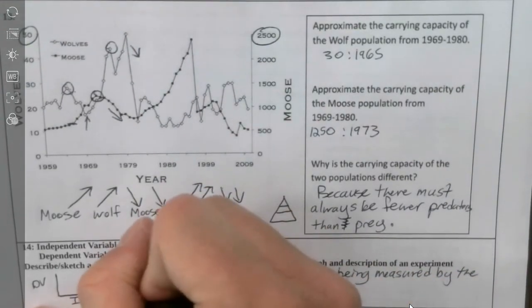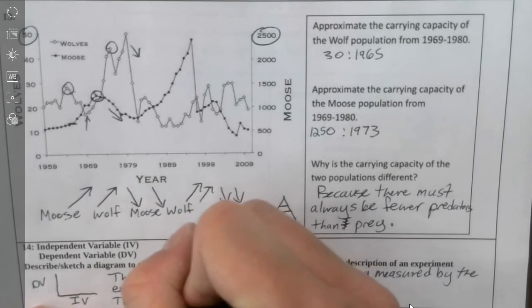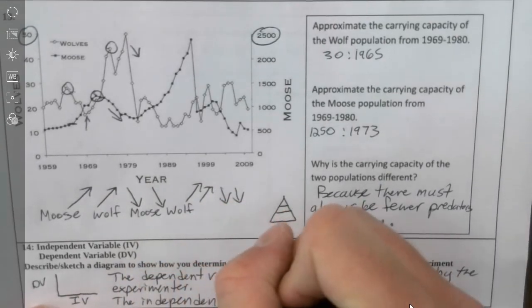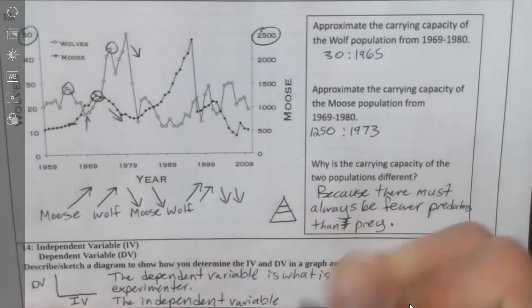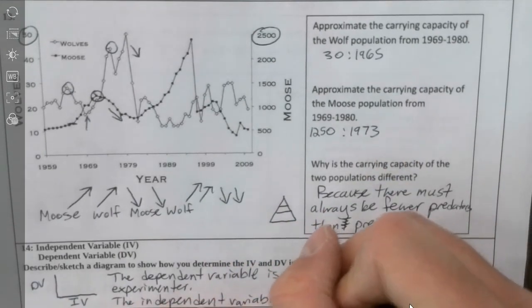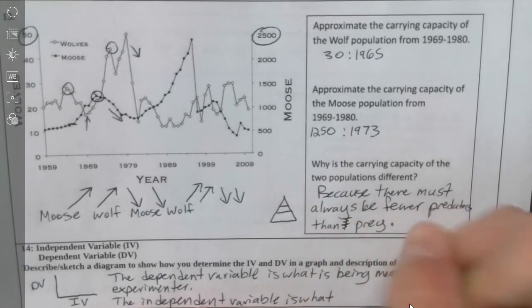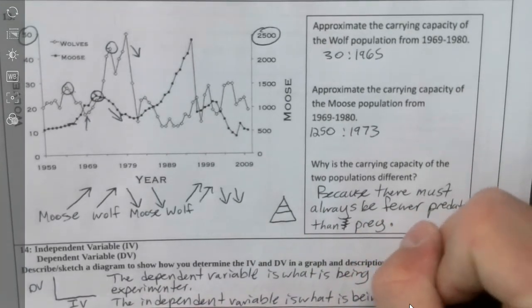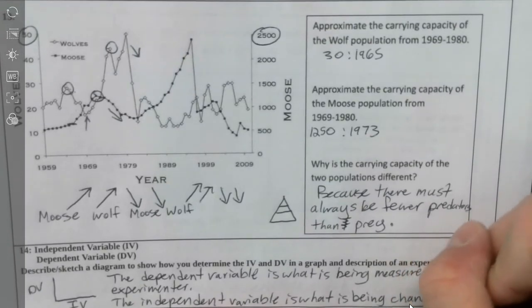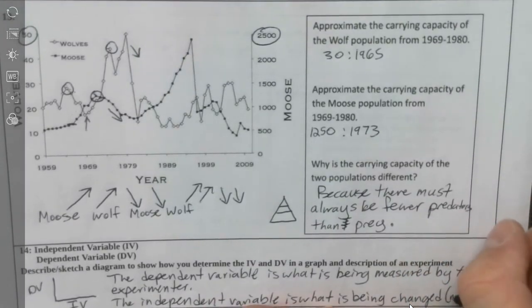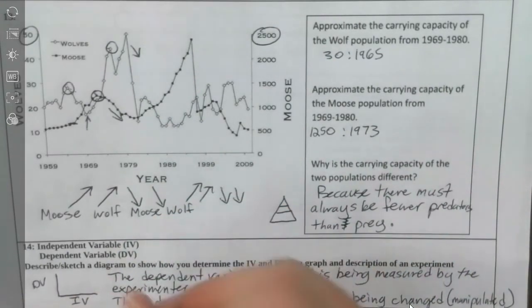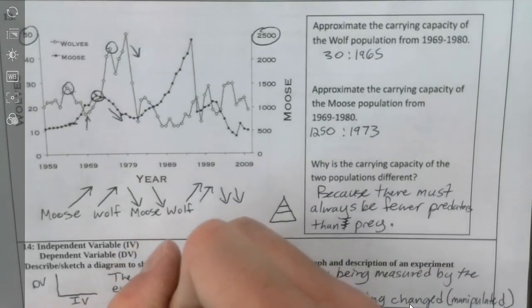The independent variable is what is being changed or manipulated in an experiment.